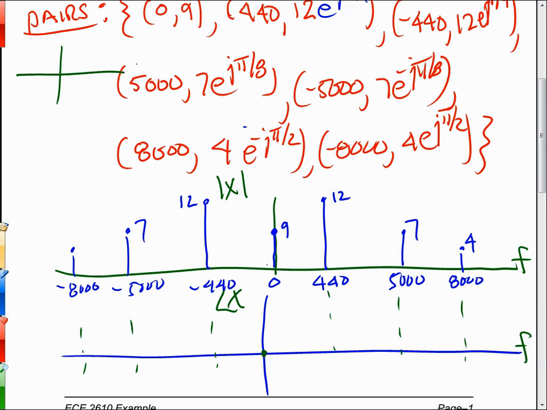If we plot it in the complex plane, 9 sits over here, -9 sits over here. So in polar form, what's that angle? It's plus or minus pi, right? Because you can get there either way.